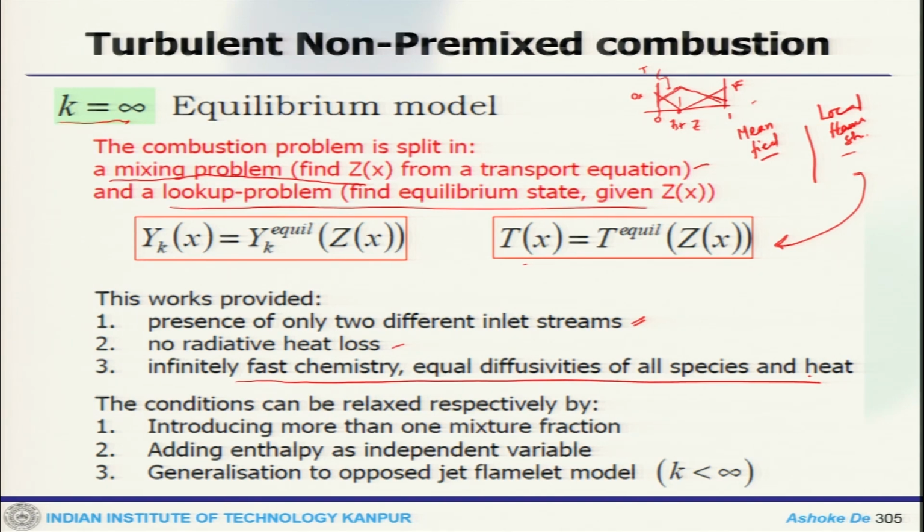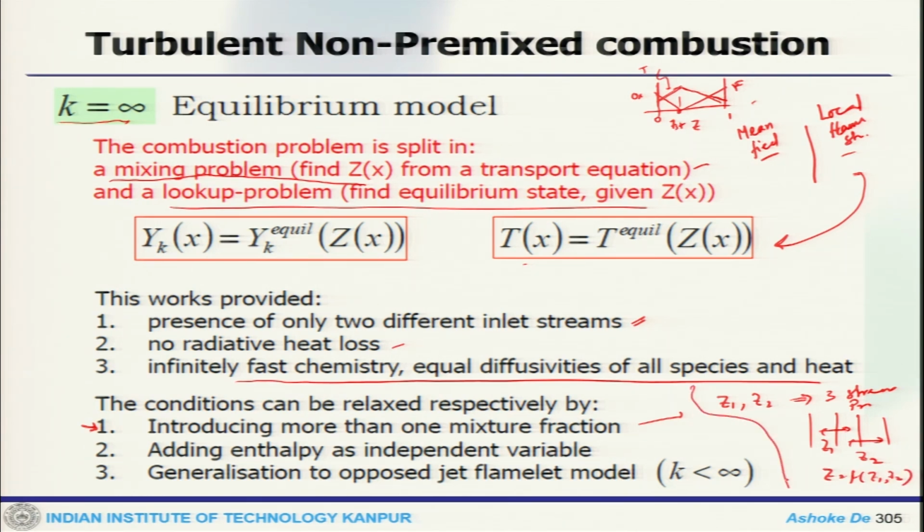So the conditions which one can relax is that you can introduce more than one mixture fraction. So this can be applied to more than one mixture fraction if we define Z1 and Z2, then we can easily solve a 3 stream problem, where the first 2 streams will interact with Z1, the second 2 streams will interact with Z2, and total Z would be a function of Z1 and Z2, like that.